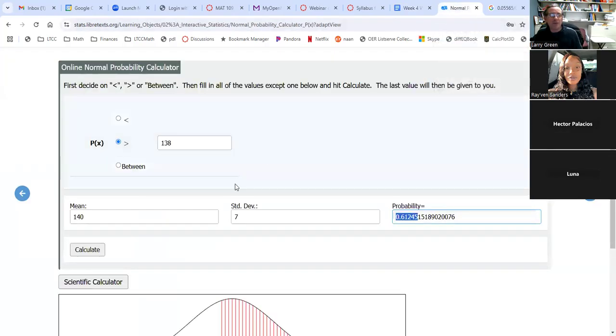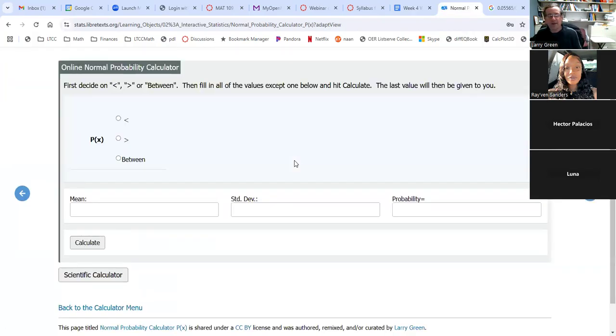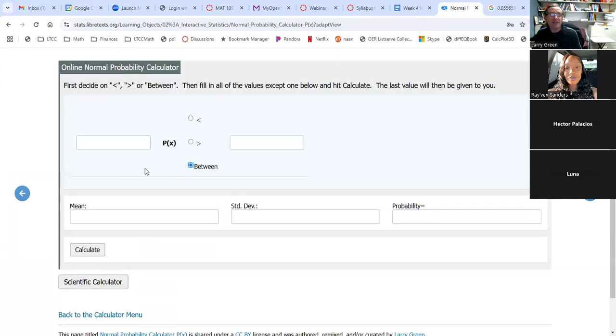Okay, I'm going to go to my normal distribution calculator again. That's the calculator for this week, by the way. I'm going to hit refresh because it's a whole new question. I want between 900 and 1,000.